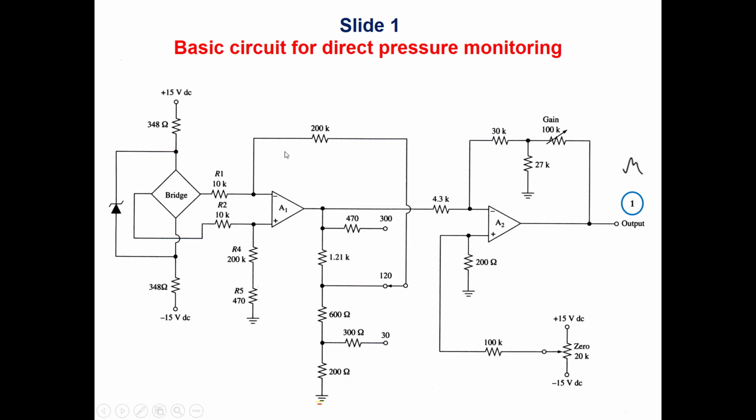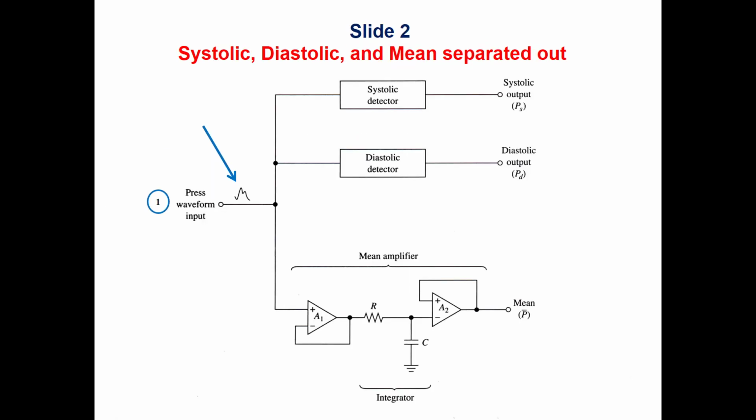So this circuit, the whole circuit in this slide, from the bridge to here, is to make the reading of this pressure signal, blood pressure signal, arterial blood pressure signal. As we said before, we need to calculate 3 parameters: the systolic, diastolic, and the mean. In this circuit, we see this is the waveform which has been measured using the previous circuit.